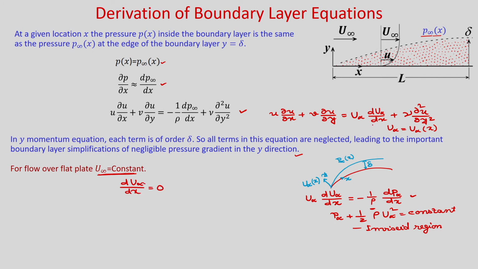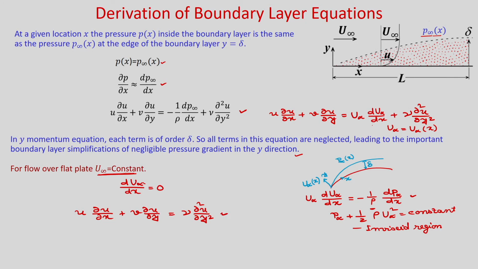Then you can write your boundary layer equation as u del u by del x plus v del u by del y is equal to nu del 2 u by del y square. That means your dP infinity by dx will be 0. So, you can write this equation as a special case for flow over a flat plate.